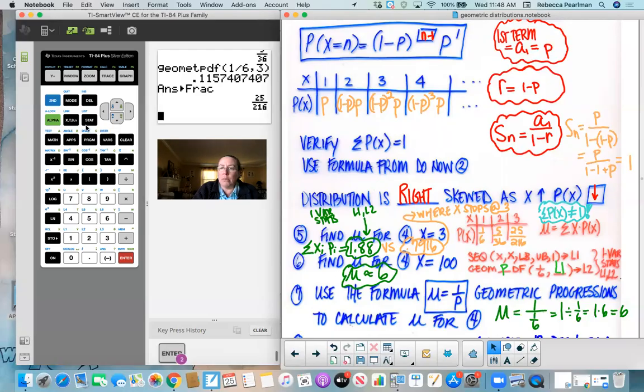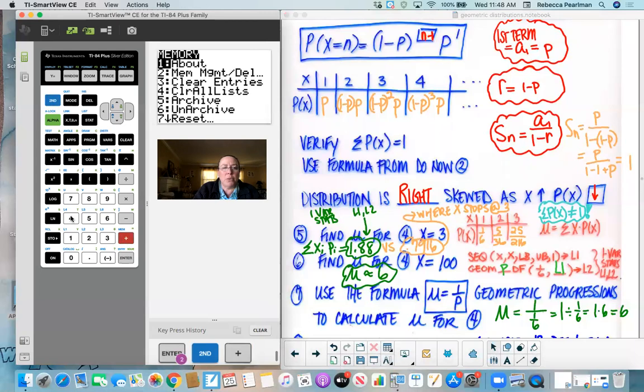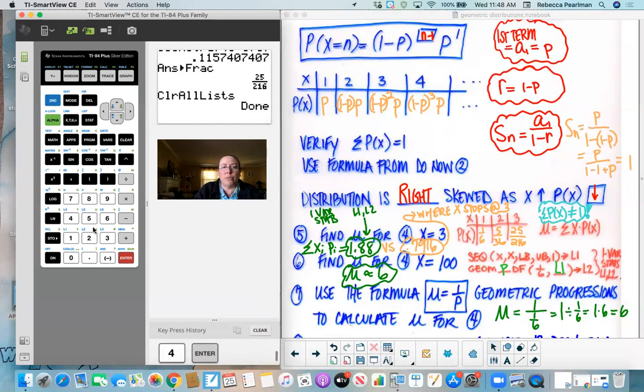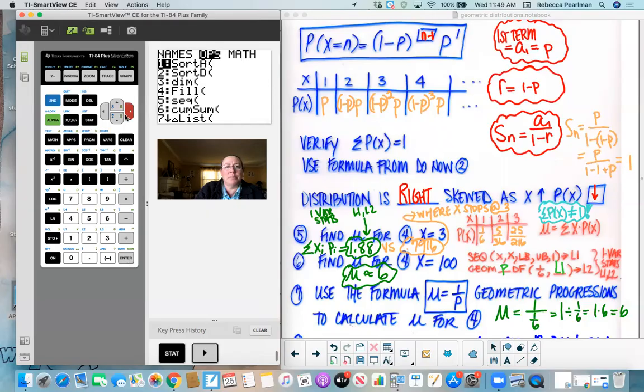Now here, let's go ahead and do it. I'm going to clear my list. I'm going to go second plus 4, enter. I didn't have to, I could have just overwritten them. Okay, we'll do it on our home screen like I set it up here. So we're going to find sequence, that's second list, ops 5, X theta, comma.